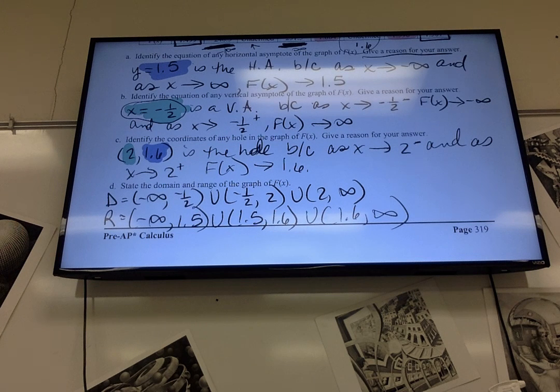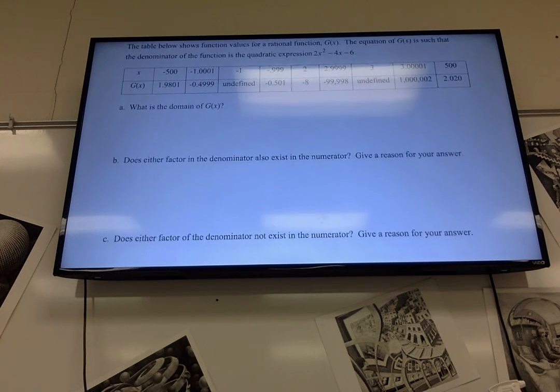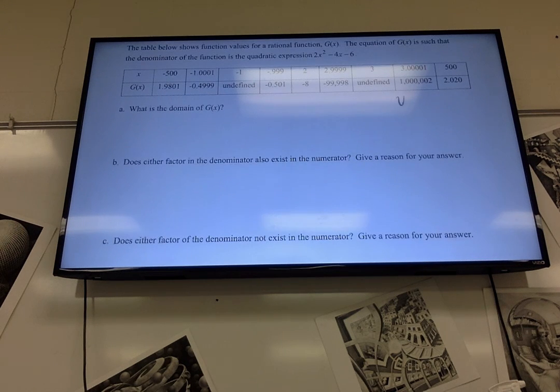Those are the main issues. Let's see if we can figure out vertical asymptote, horizontal asymptote, hole. Don't worry about the questions. Just see if you can pick out those 3 things. Look at the other one for an example.